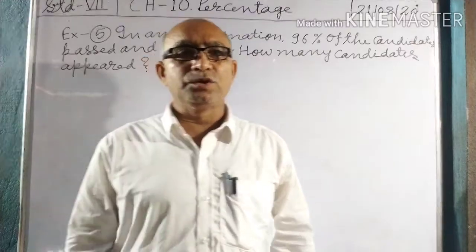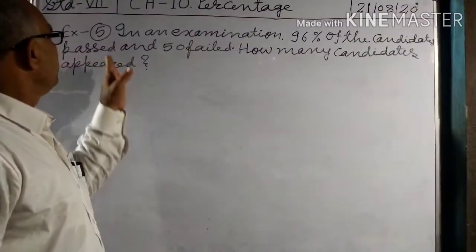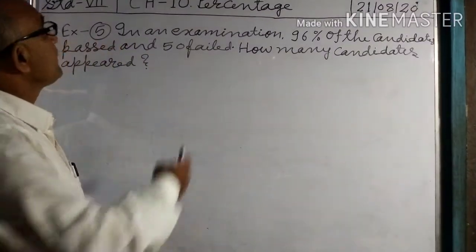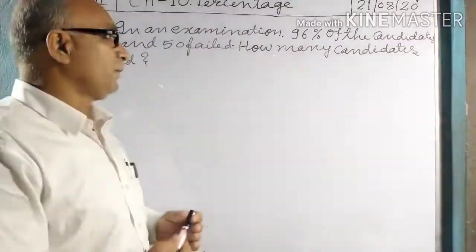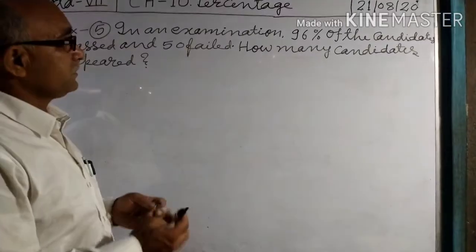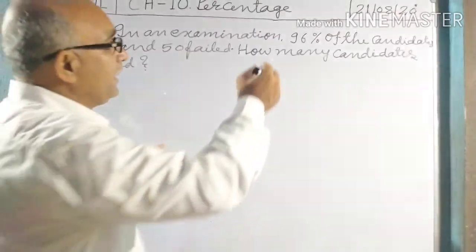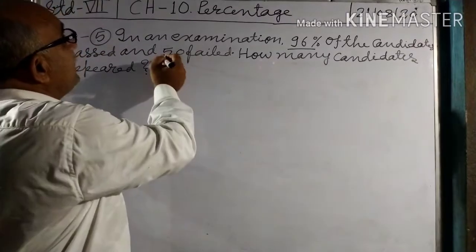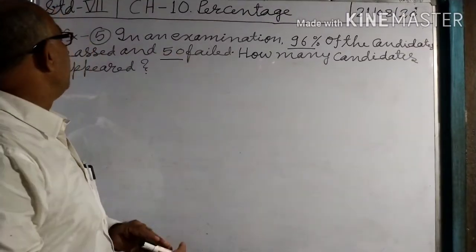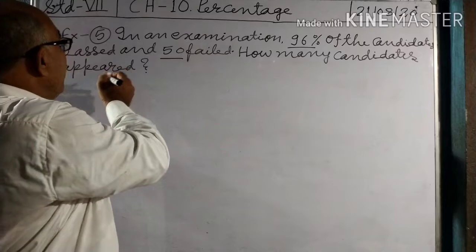Students, next question is example 5. In an examination, 96% of the candidates passed and 50 failed. How many candidates appeared?